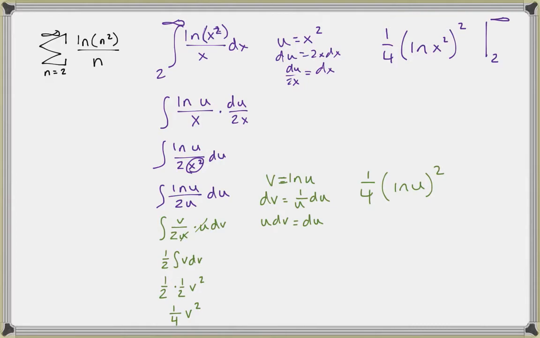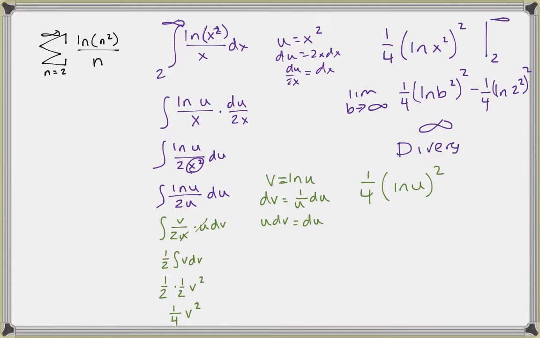Now we can't technically plug in infinity, so we need to take a limit as b goes to infinity, and we're going to take b and plug that in, minus, take 2 and plug that in. And now when we think about letting b become very large, we square it, it becomes very large. Take a natural log of very large is very large, and square that and it's still very large. So we still have infinity there, which means this diverges, which means our series diverges also.